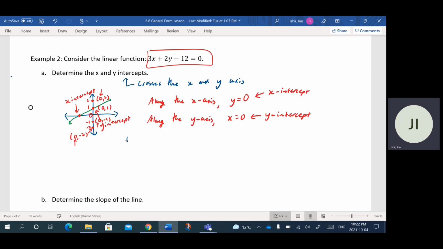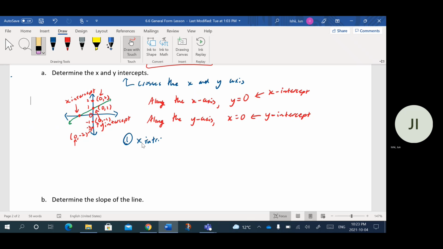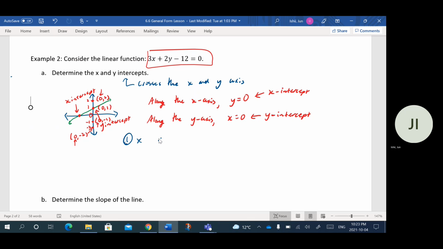Basically, to get the x-intercept, you're going to plug in 0 for y into the equation.